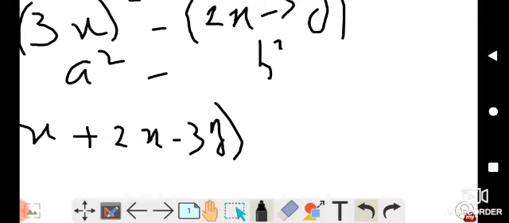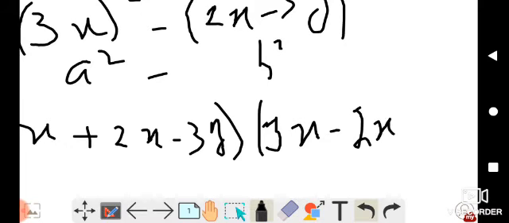So from question 6, 3x, now minus 2x. Now this minus multiplied by this minus, minus into minus is plus, 3y.